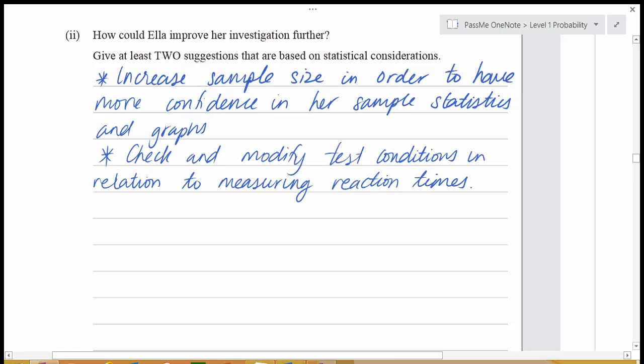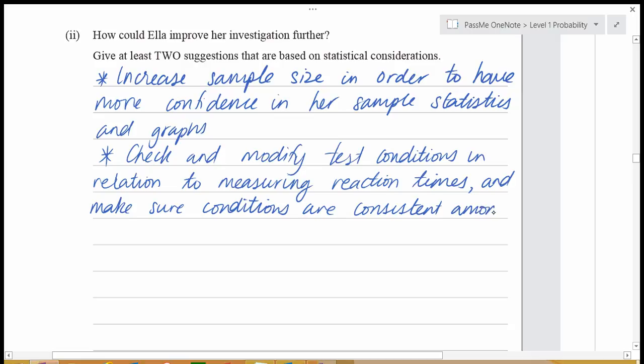Okay, just to make sure that the results are consistent across the board. So in relation to measuring reaction times, and make sure conditions are consistent amongst different samples.